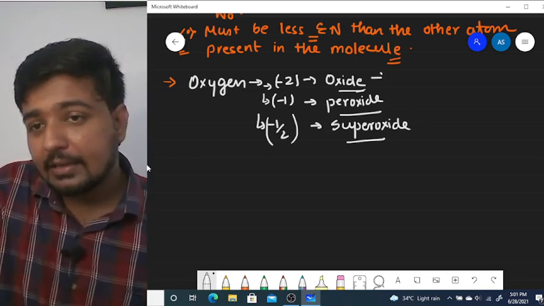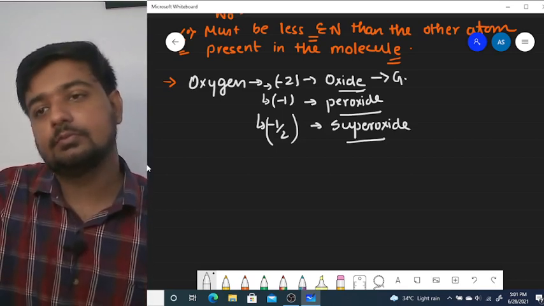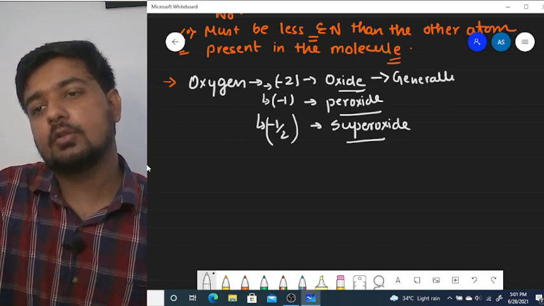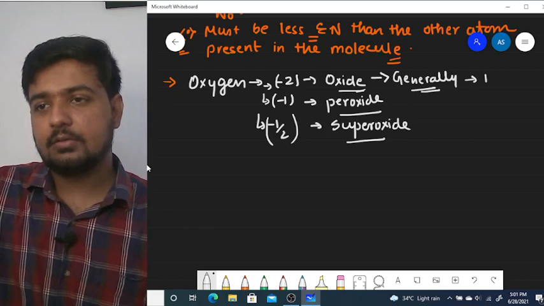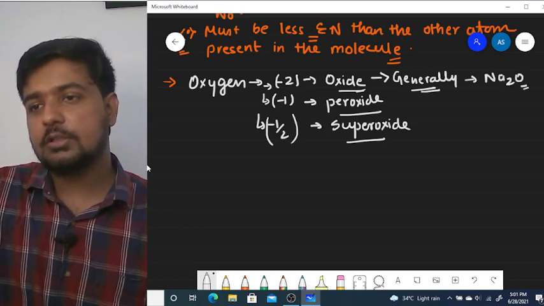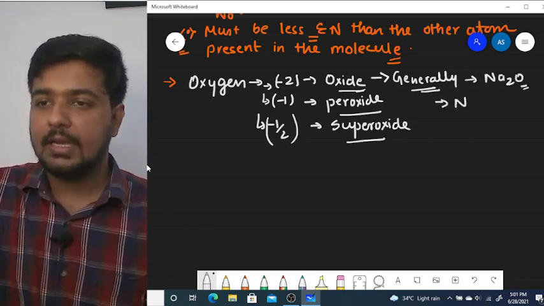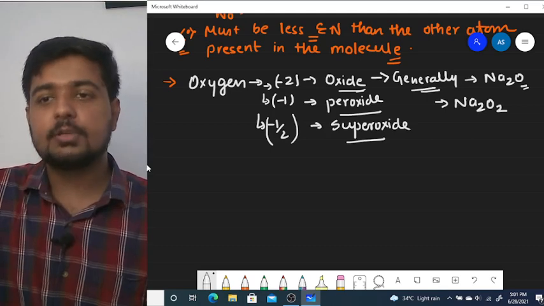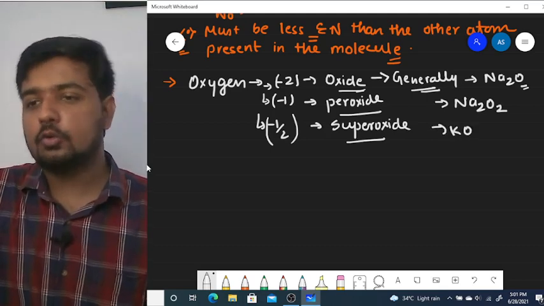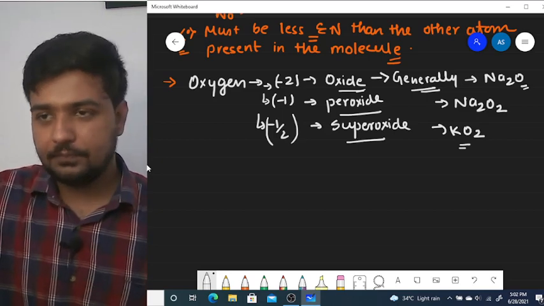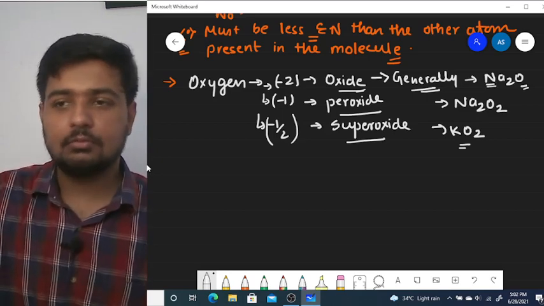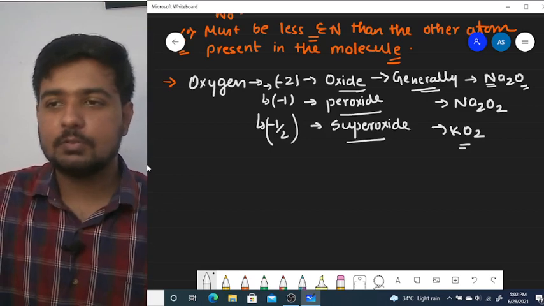Generally we will take -2. Generally this will be your oxidation number. Some examples: Na2O, here oxygen is present as -2; Na2O2, here oxygen is present as peroxide; and KO2, here oxygen is present as superoxide. You all know that the oxidation number of sodium is +1.